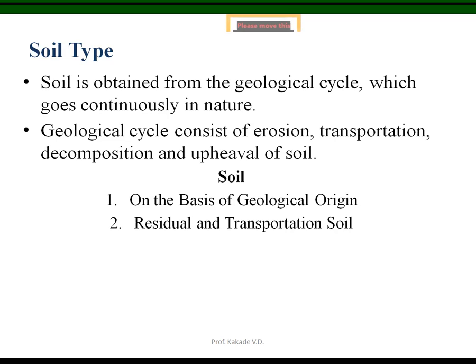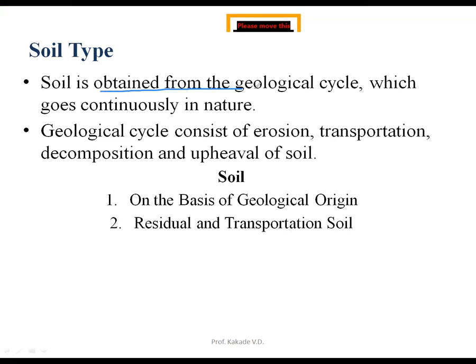I hope you understand this. This is a cycle, which is why it is called a cycle. It starts from the rock and it ends at the rock. So it is obtained from the geological cycle, which goes on continuously in nature.